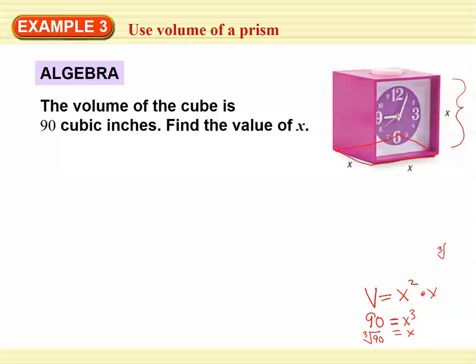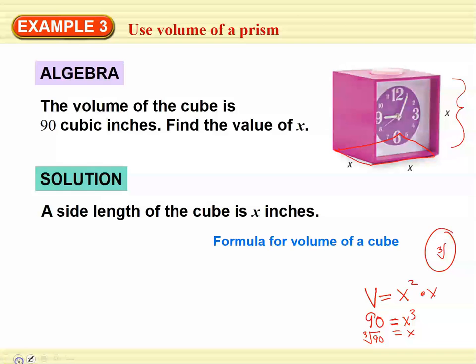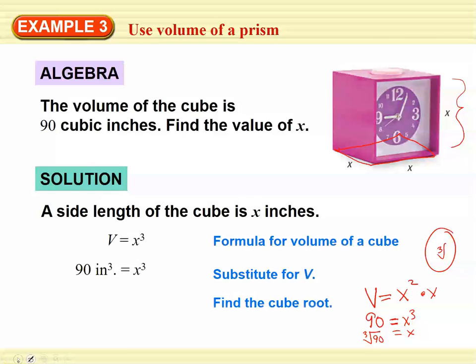Hit that button, and then 4 choices down, you'll see a button that looks like this. Click on that, and then type in 90, and you get 4.48.